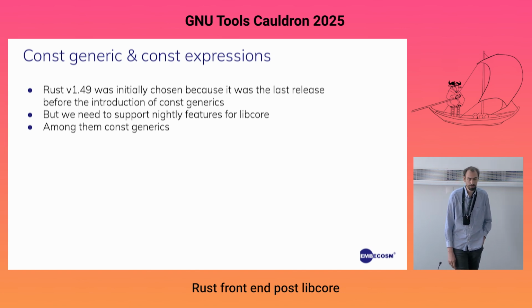The problem is we need to support const generics for libcore because libcore, the standard library, acts like a nursery for Rust code. It uses its own nightly features to ensure those features can be stabilized and can be used in different ways before releasing and stabilizing those nightly features. And we need to support const generics and const expressions.